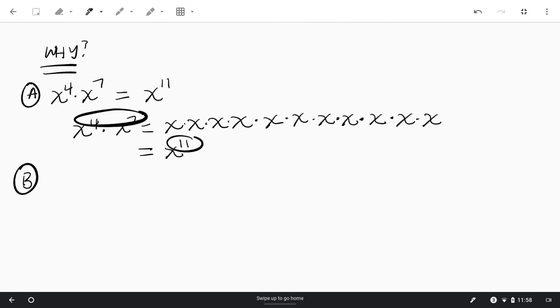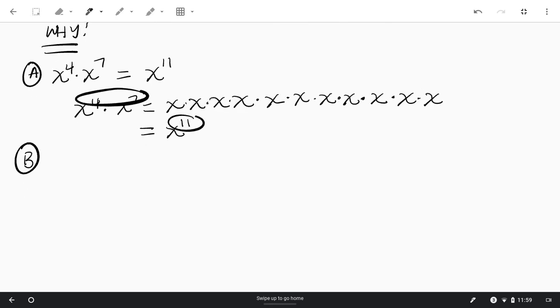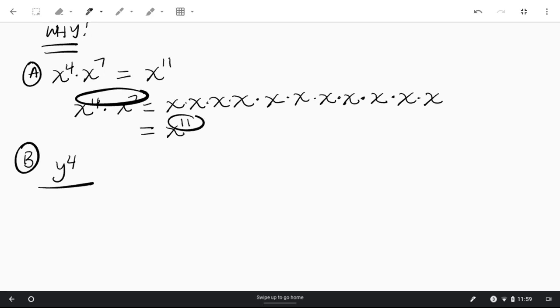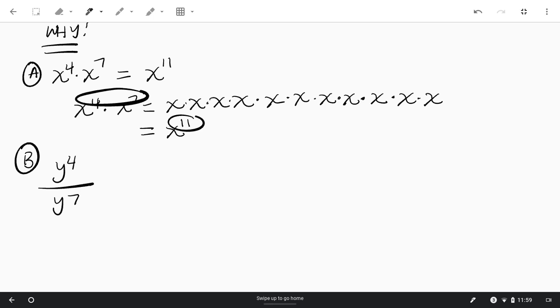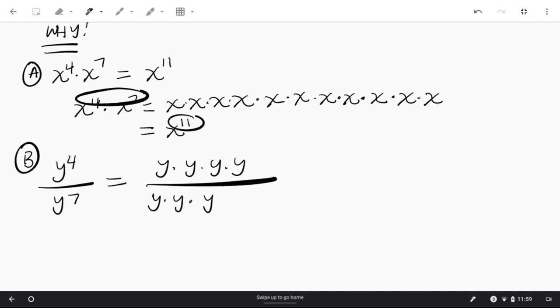Same thing with dividing like bases. So if I have y to the 4th over y to the 7th, this is like saying y 4 times, and down here y 7 times.